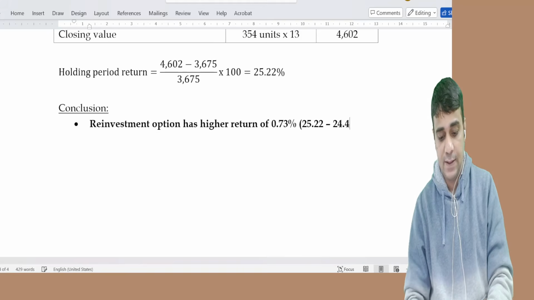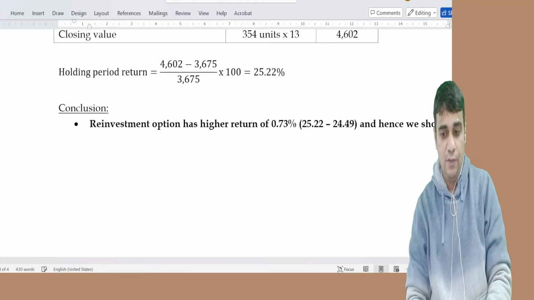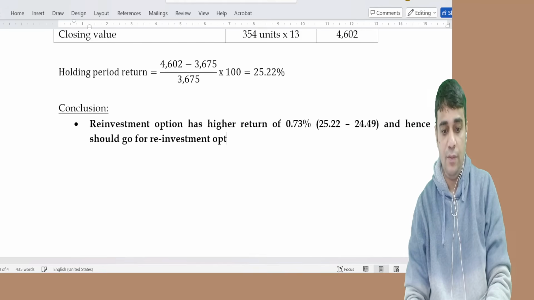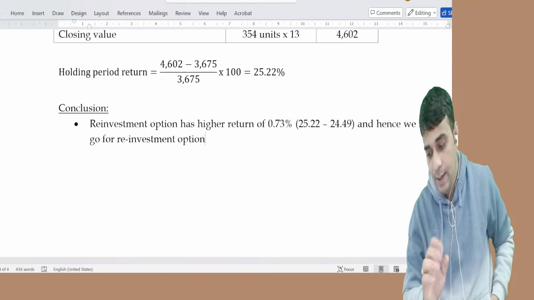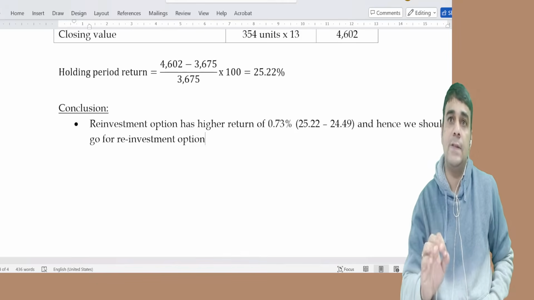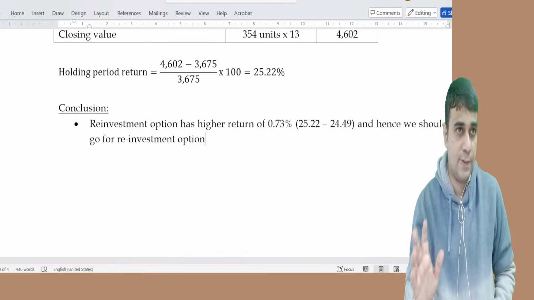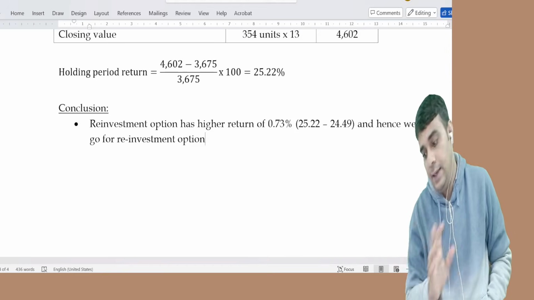This is the difference in return, and hence we should go for the reinvestment option. Again repeating, this is technically a waste of time analysis because it doesn't serve any purpose.